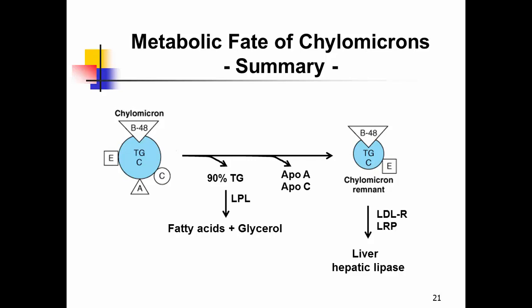And this just gives you a simple version of the chylomicron metabolism. This is a mature chylomicron, right? It has everything: core lipids, triglyceride and cholesterol esters, and then the apoproteins.